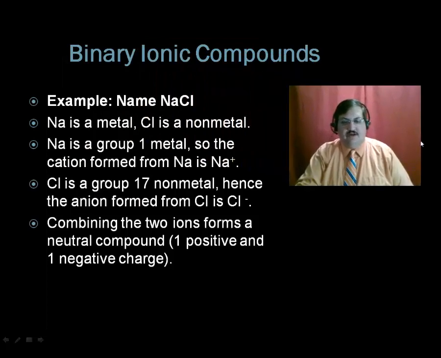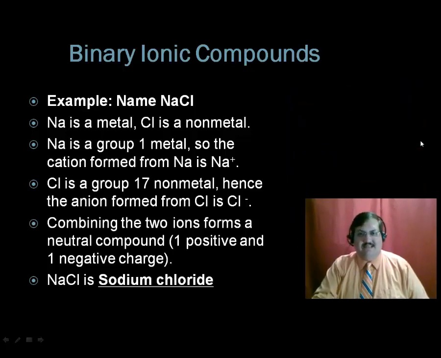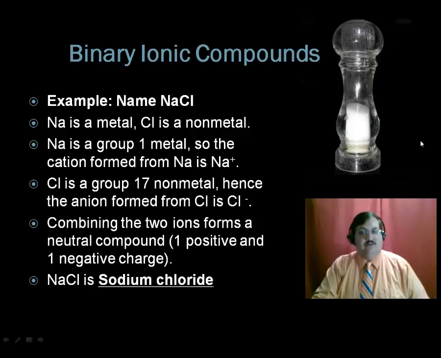Combining 2 ions to form a neutral compound, we have a +1 for sodium and a -1 for chlorine, so we only need 1 of each in order to form this compound. We then again name sodium for its name and chlorine for its ion name. We're going to take that beginning part of chlorine and add the IDE to the end, so we get sodium chloride, otherwise known as table salt.